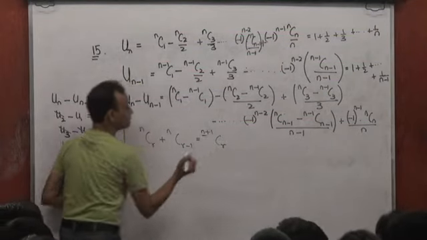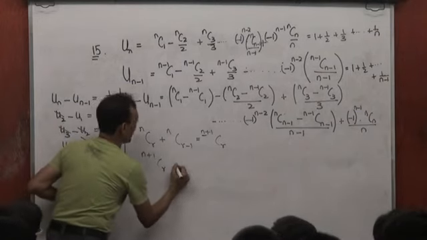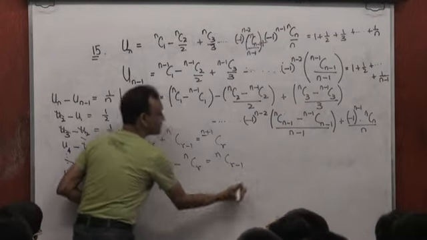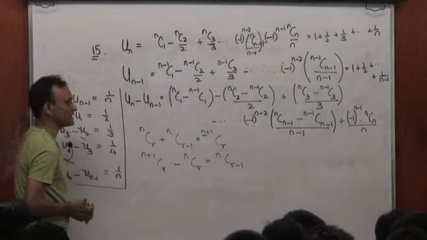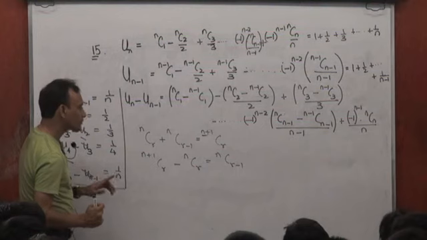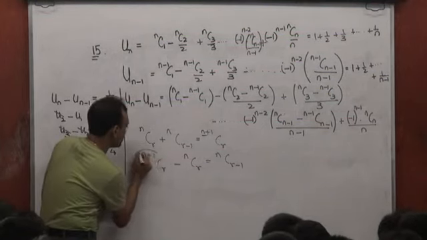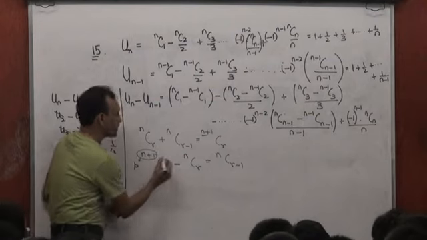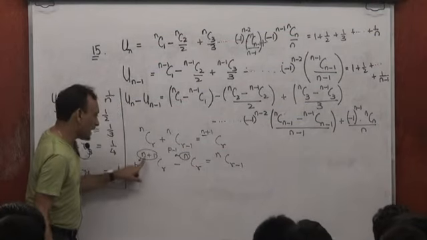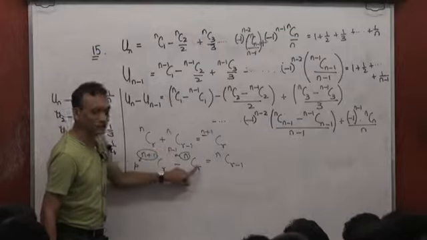Which means n plus 1 Cr minus nCr is nC r minus 1. Clear? So if you call this p, then what would this be? p minus 1, yes or no? So I have pCr minus p minus 1 Cr.